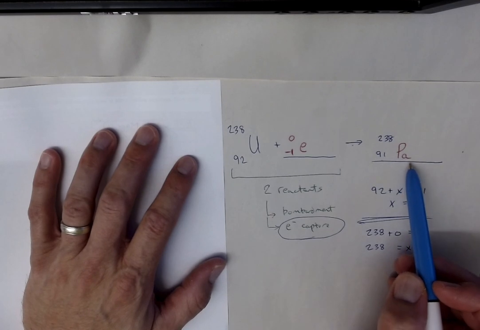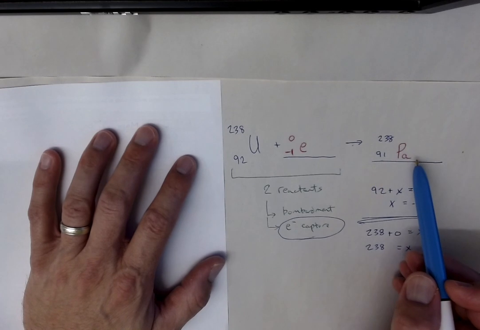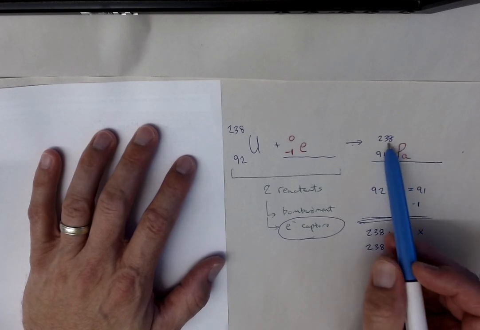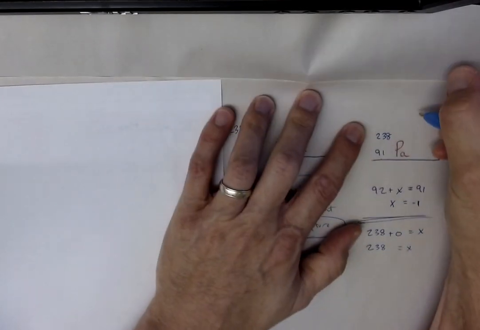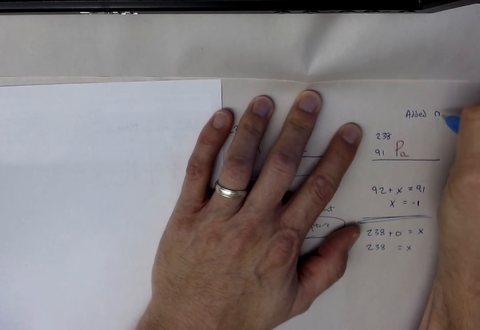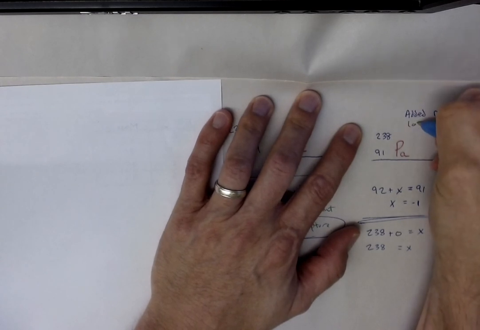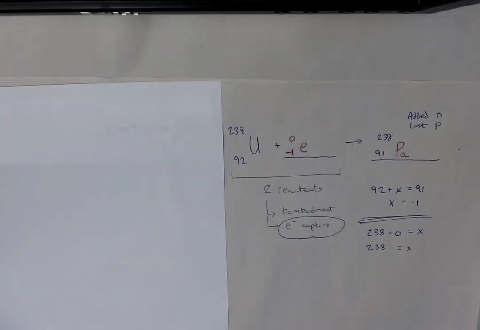So protactinium has one less proton but one more neutron. And that's why the mass number didn't change, because protons and neutrons have the same mass. So I'm going to write added a neutron, lost a proton, but the mass did not change. Electron capture.